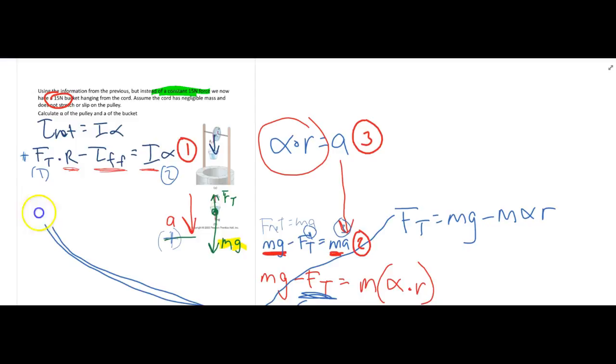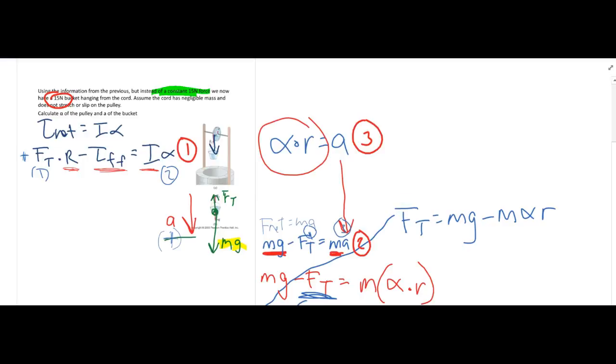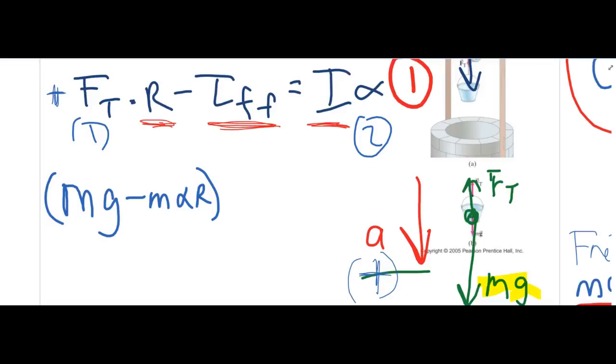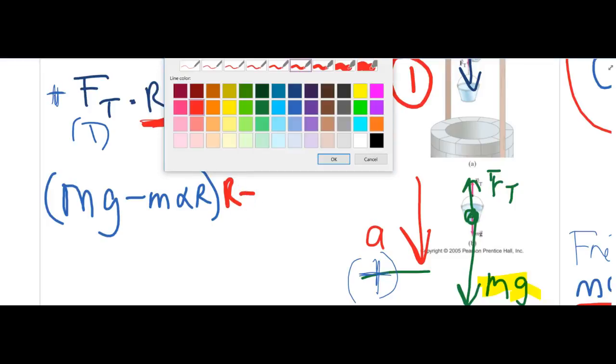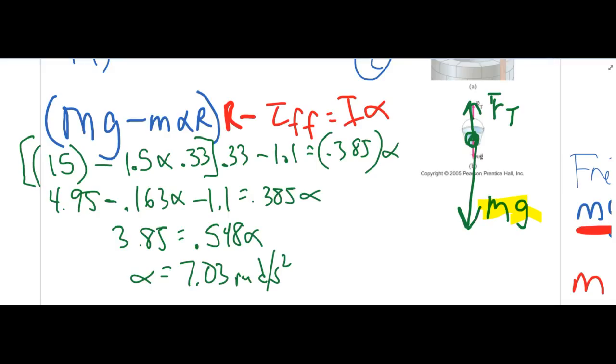Let me clean this up a little bit and let's do it. So Ft is mg minus m alpha r. Now I need to multiply by r, so this whole thing multiplied by r, minus the torque due to friction, which I already know, equals I times alpha. This time I'm actually going to pause it and plug some numbers in for you. Here's my algebra.